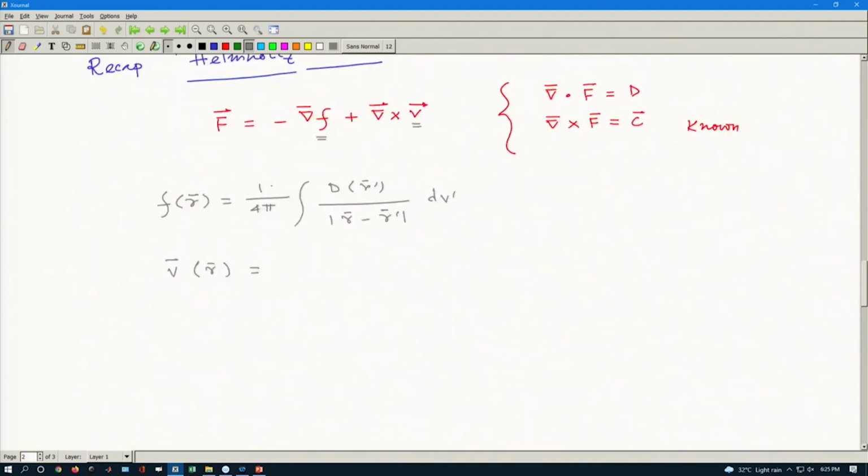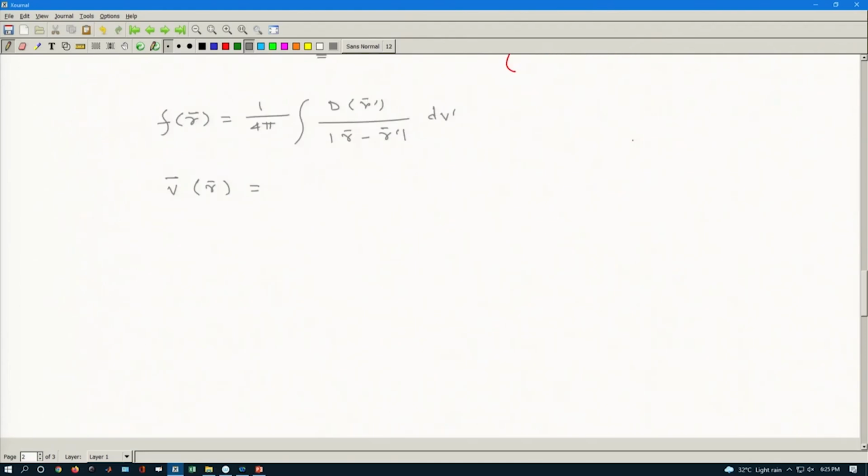exploiting the knowledge of this curl. So, it should be 1 by 4 pi integration, then the curl that should be evaluated, say at r prime, divided by mod of r minus r prime, integration over this dv prime.